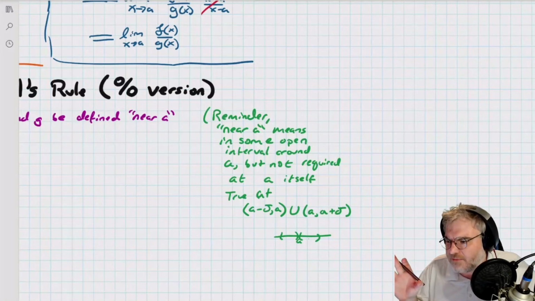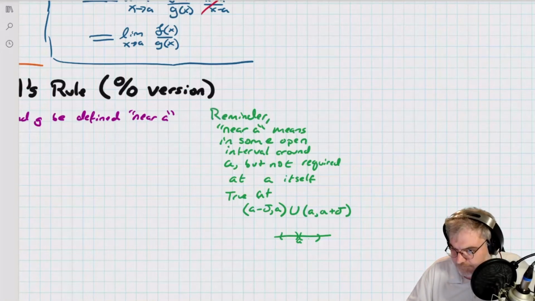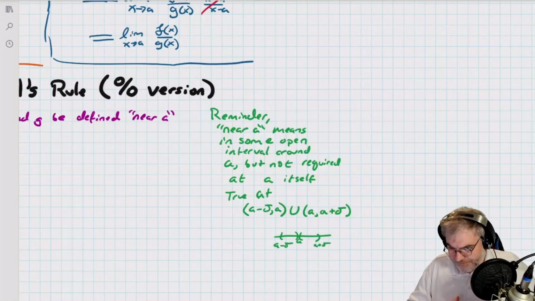Okay, so one to five, how do we feel about that near a business? Because I'm about to do a lot of it. Right, so I've got a minus delta and a plus delta. It's true for something around a, but I don't actually care about a.